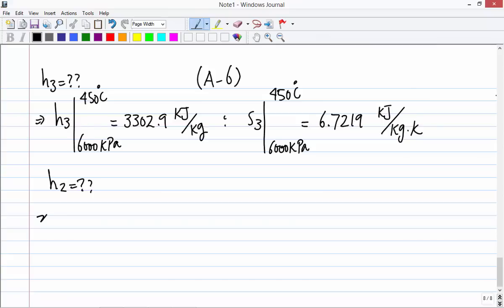For the pump, this is how we define the isentropic efficiency: the isentropic work for the pump divided by the actual work. We know that a good pump requires less work, so the smaller amount should be on the denominator.